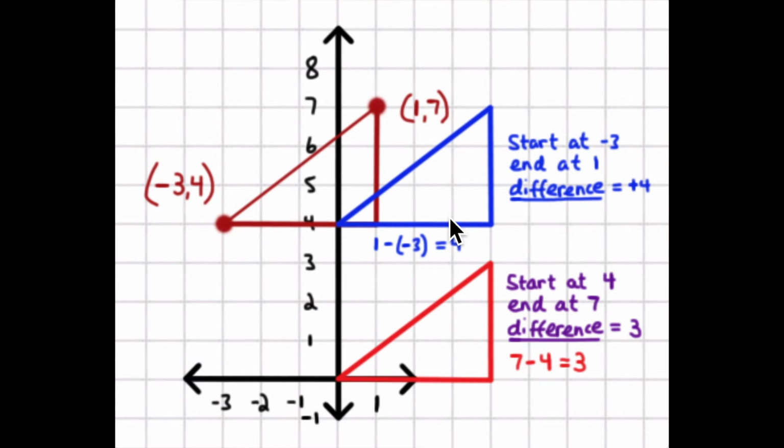Then you're going to slide that same slope triangle down to the horizontal axis, which puts this vertex at the origin. So again, you're starting at 4, ending at 7, so that difference is 3 units. So 7 is where you end, minus, you're subtracting away these first 4 units, so you get an answer of 3.